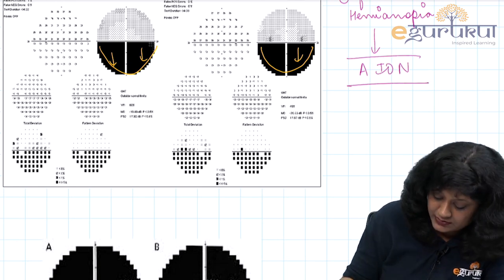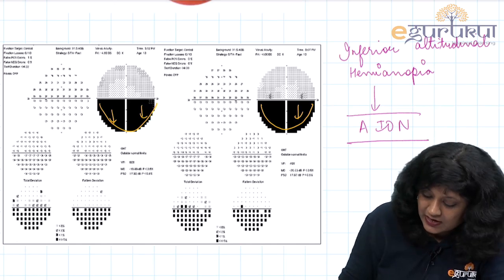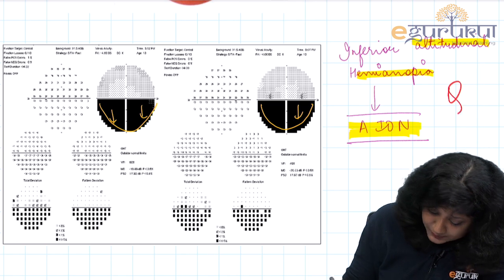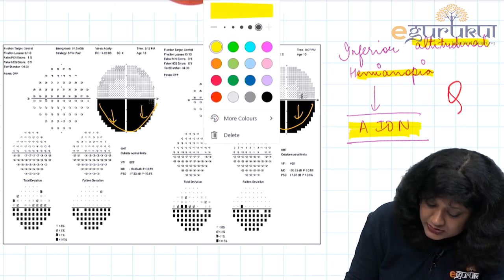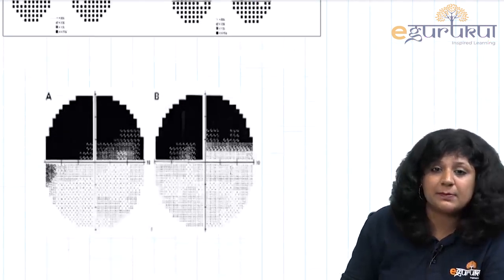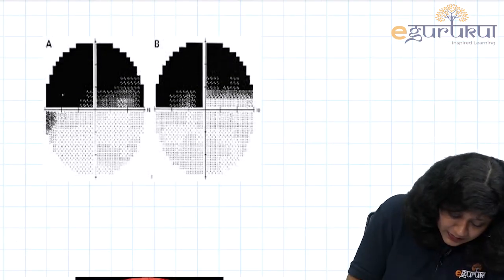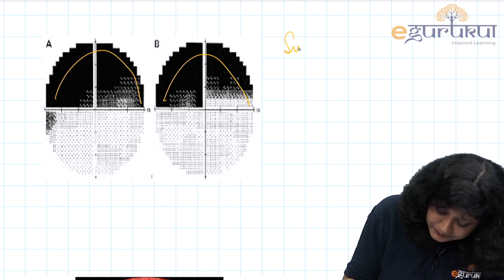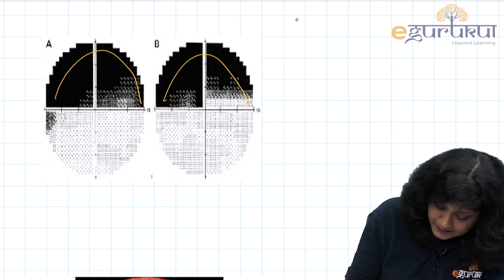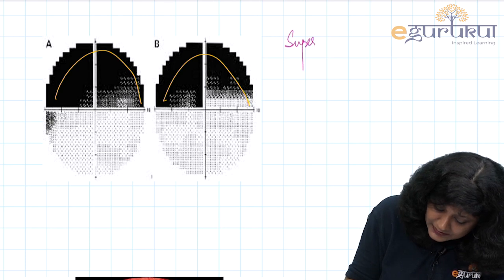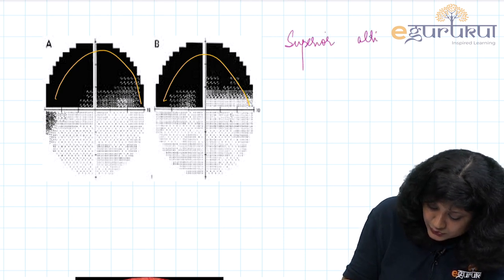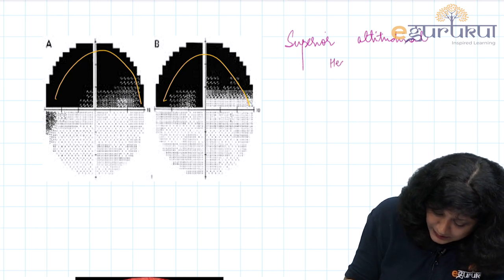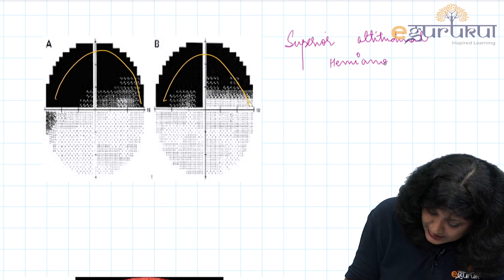Very, very important. These are the altitudinal hemianopias that we get in cases of anterior ischemic optic neuropathy. Similarly, I can also get the superior one. This is called the superior altitudinal hemianopia.